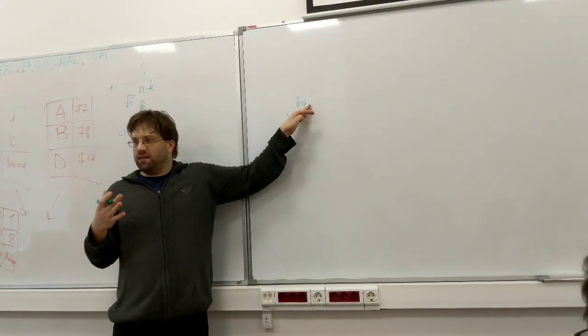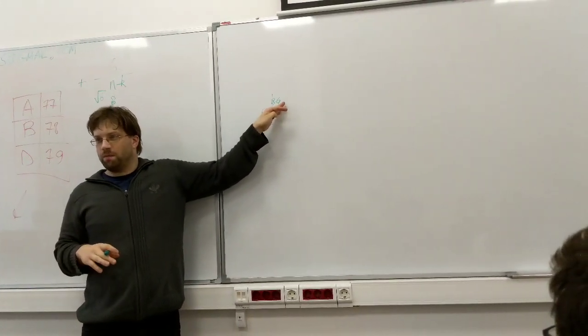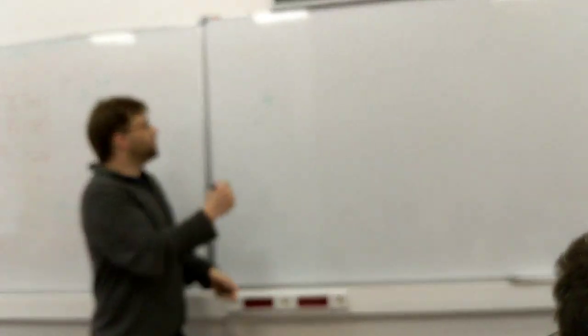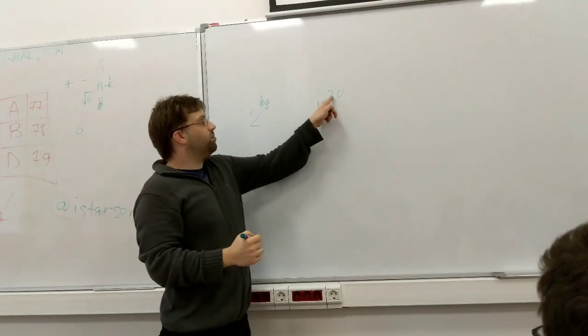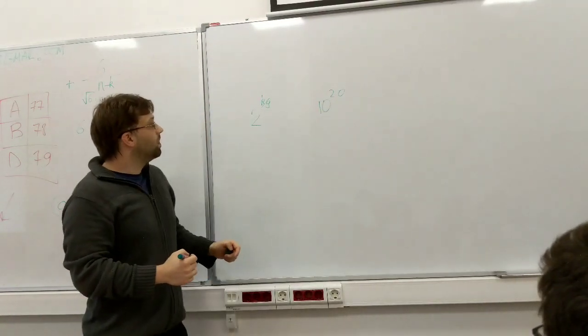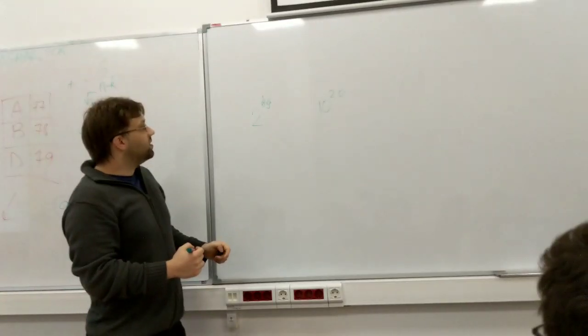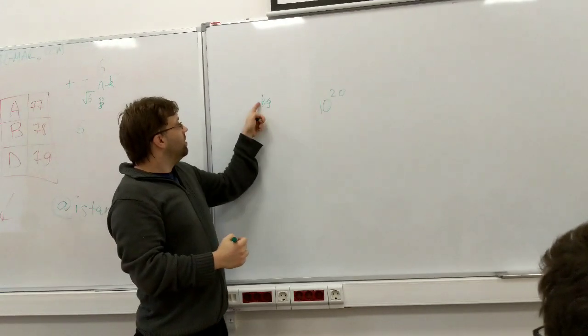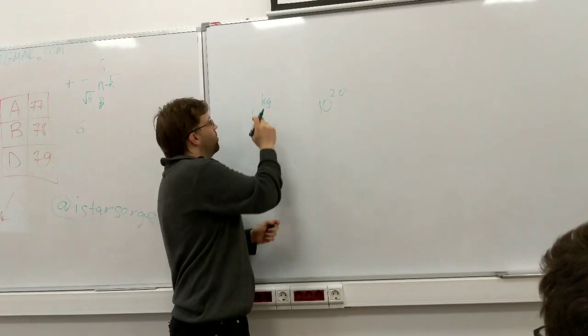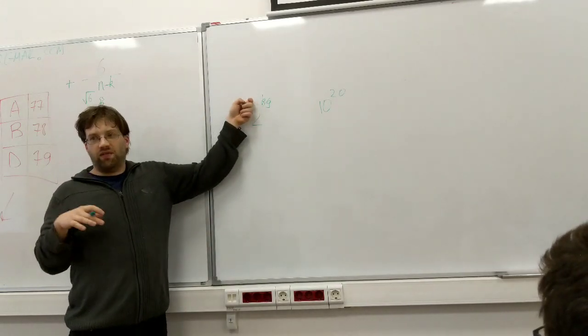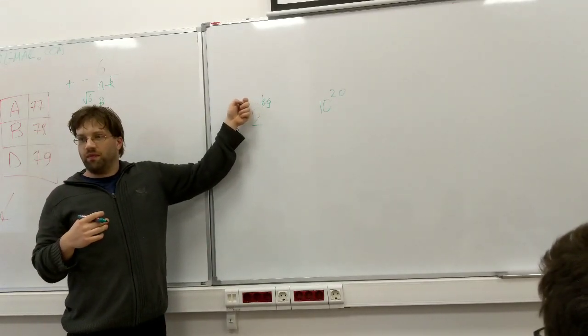I mean, it's not 9, it's a little bit less. And then people say, okay, if we really want, we can have computation power 10 to the power 20. That means for quite a big k, we can find a vertex cover.